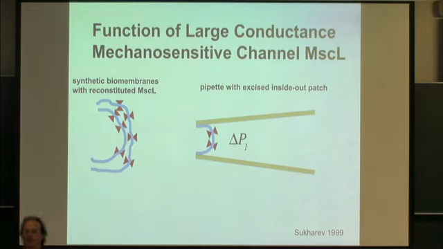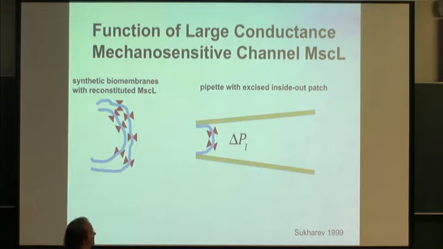Now, what people have done is all the molecular biology. They have localized which molecule is responsible. They found out how to clone and overexpress that, and how to reconstitute that in model membranes. This is the so-called large conductance mechanosensitive channel, MscL. This is reconstituted in a model membrane here, and that model membrane can be sucked into a glass micropipette, and then you have full control over the system.